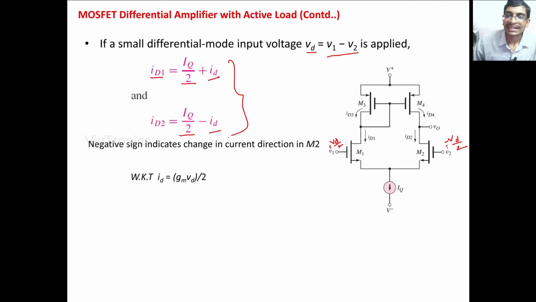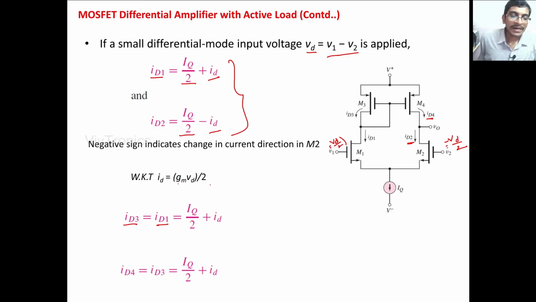We know that the drain current ID is equal to gm Vd divided by 2, because the input voltage is Vd by 2. Therefore, we get gm into Vd by 2, the transconductance times the input voltage, which is the drain current. Therefore, ID3 is equal to ID1 is equal to IQ by 2 plus ID.